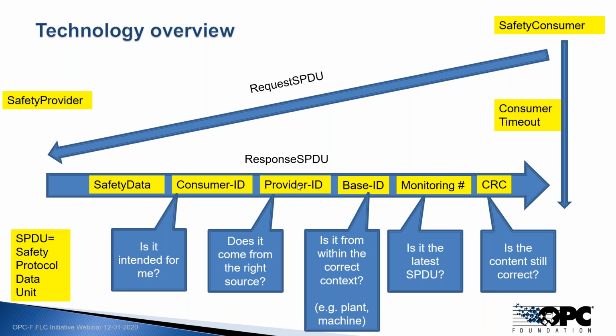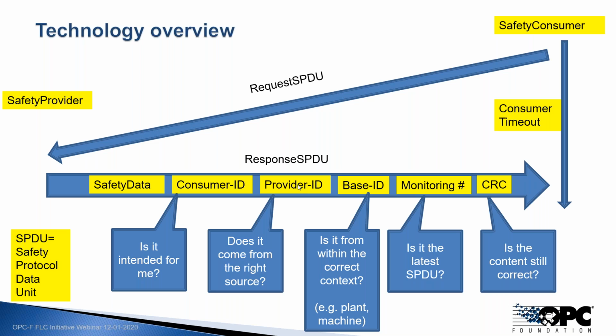Maybe I have 20 wind turbines in my wind park, each with 3 providers, and in every wind turbine I'm using provider IDs 1, 2, and 3, because I'm reusing the engineering project, cloning it for each wind turbine.